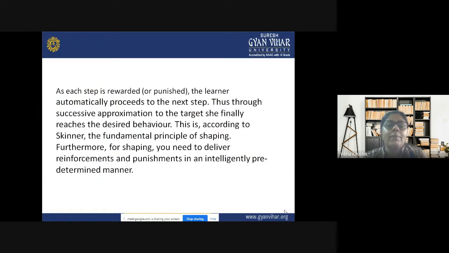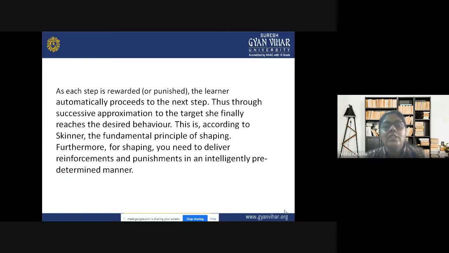As each step is rewarded or punished, the learner automatically proceeds to the next step. Means every simple step of the learner will be rewarded or punished, and by getting the reward or the punishment the learner will automatically proceed to the next step.